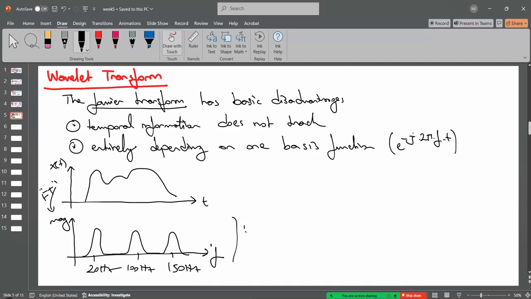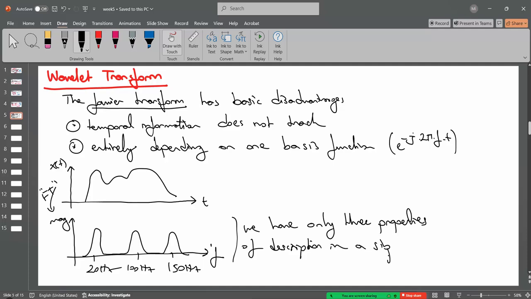And so we have only three properties of description in a signal, okay.